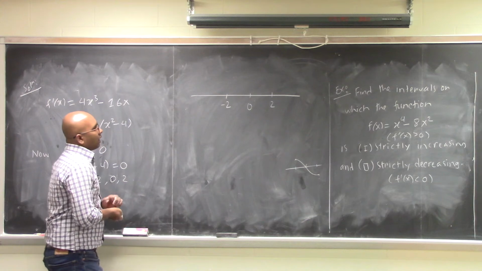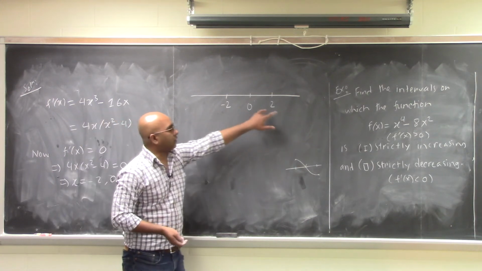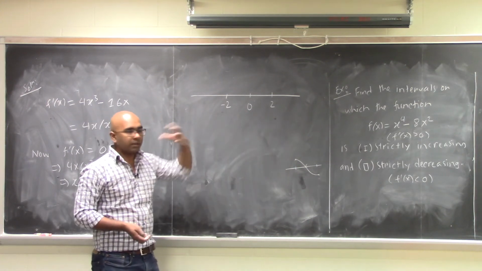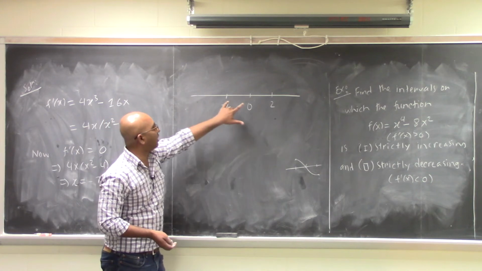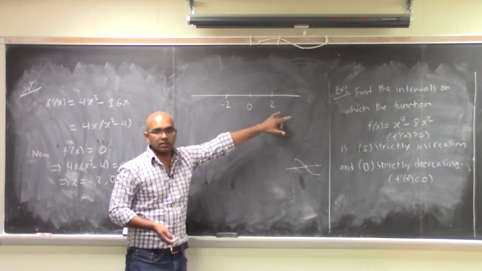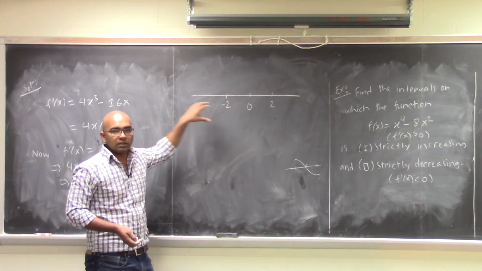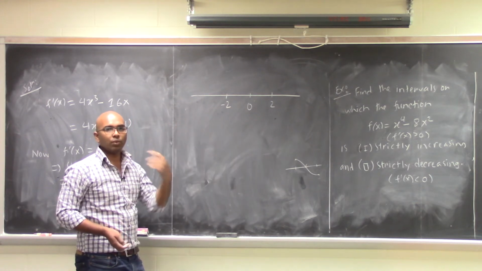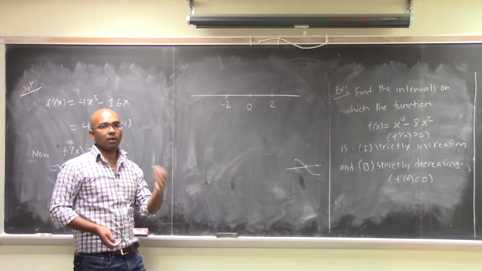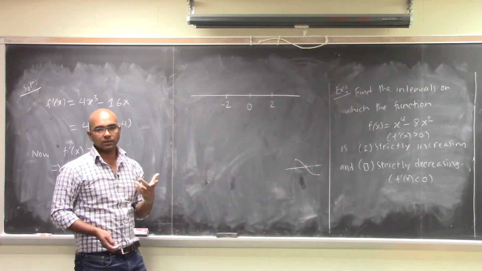Okay, but notice these are the only zeros. What it means is on each of these 4 intervals, the derivative function will have exactly one sign. It is either always positive or always negative. It cannot be both, right?